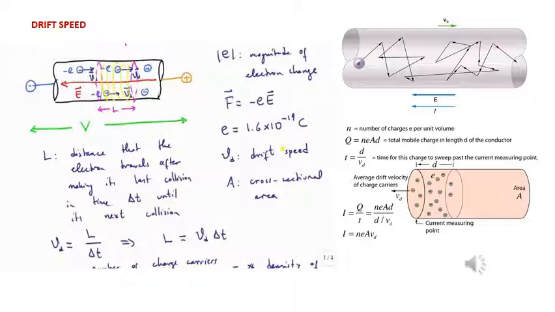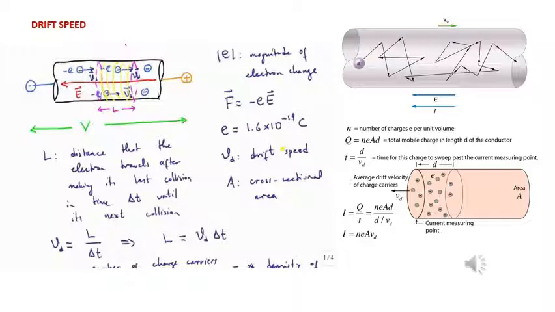You see, the electrons are moving in the direction of the arrow mark given, that is opposite to that of the electric field. Ask me why? Because electrons are negatively charged, and always the flow of electrons is opposite to that of the electric field. Only due to that reason, the electrons will start moving towards right.